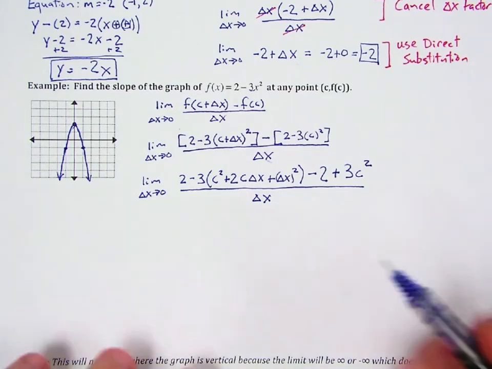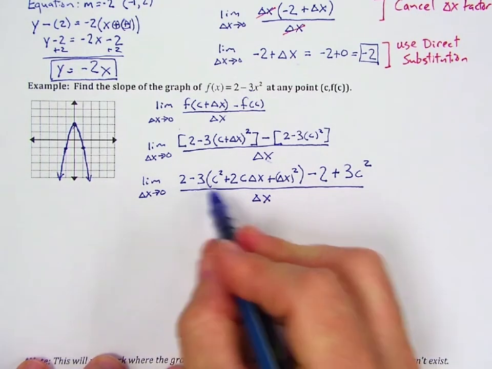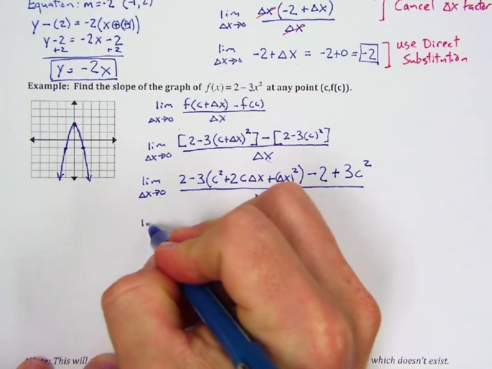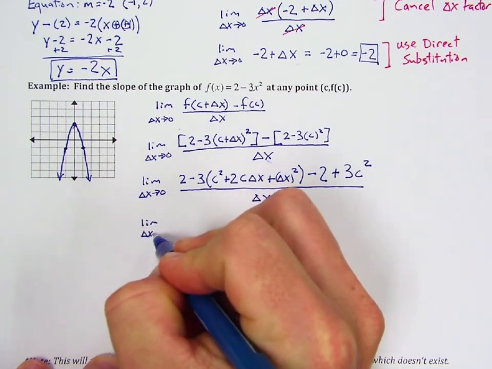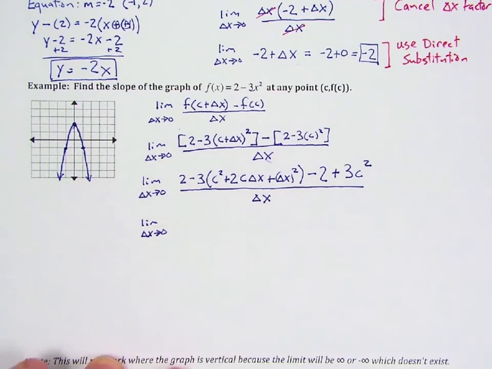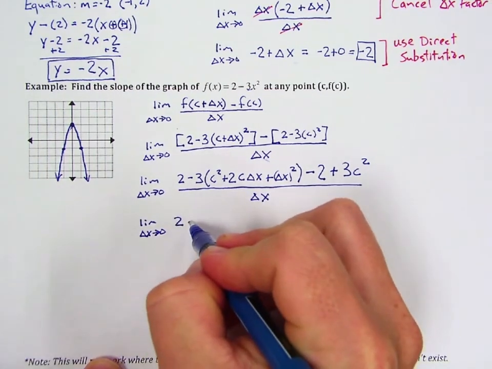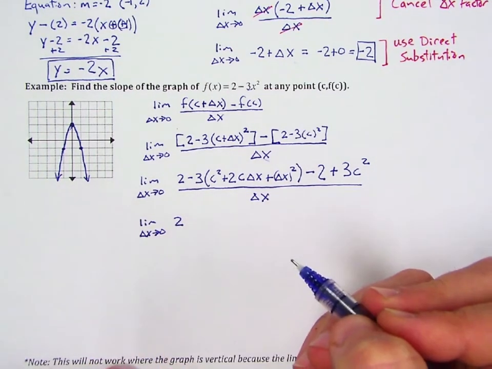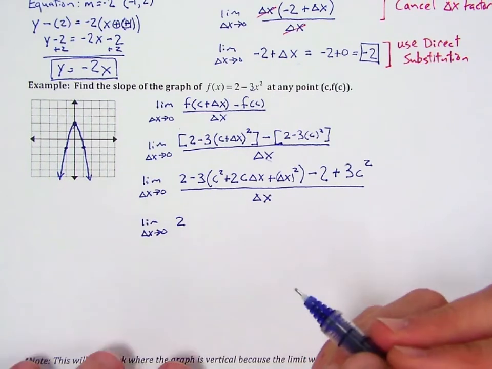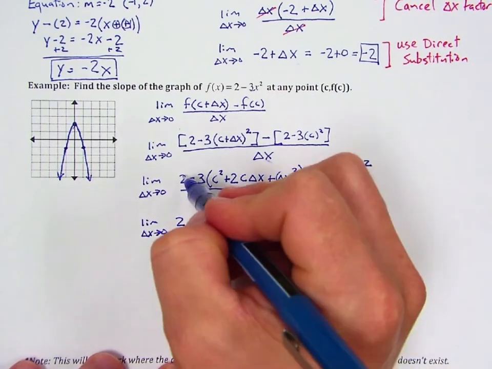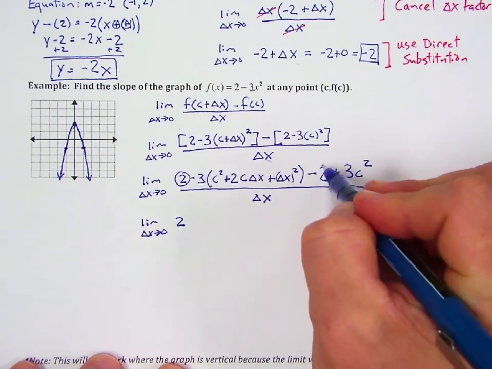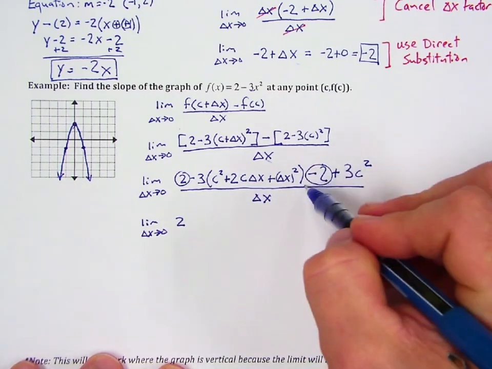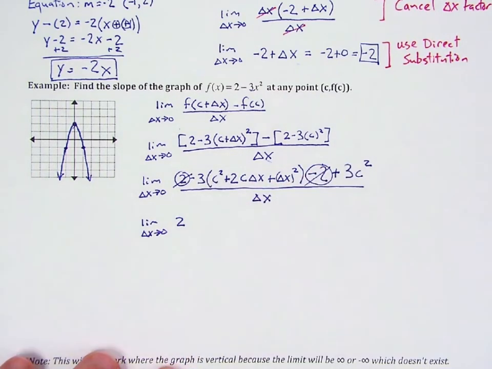All right, so now we just have to keep simplifying. This is just all Algebra 2 work here. So we're going to distribute the negative 3. Remember to tag on your limit. Well, one thing you can notice here is that this 2 and this negative 2 are going to cancel, so we don't have to even write the 2 there.